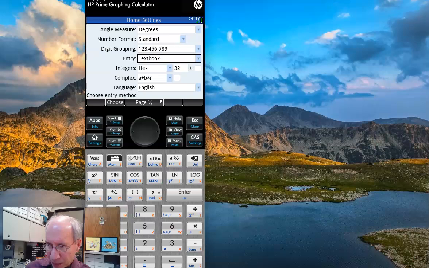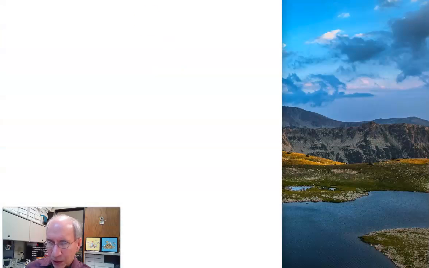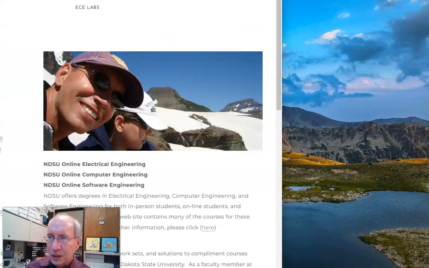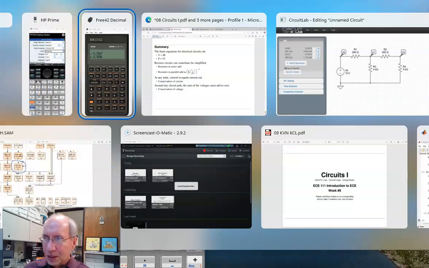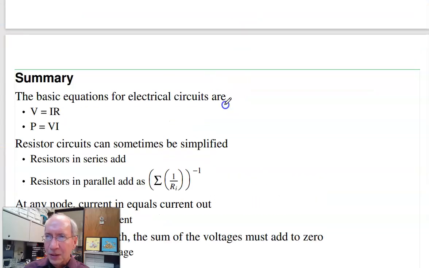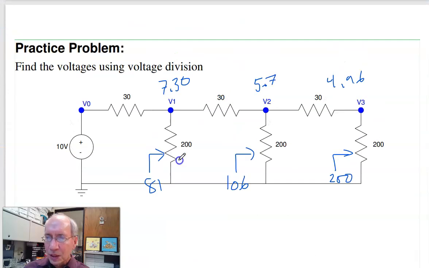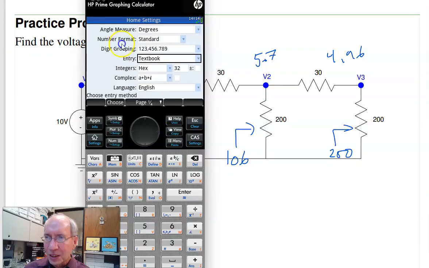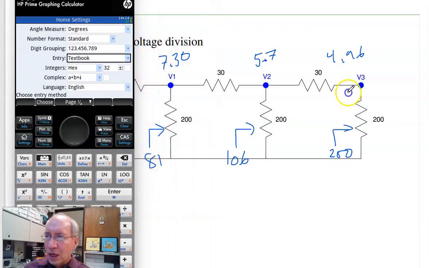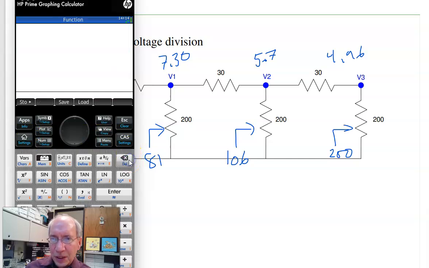Let's go back to that problem. I can say these resistors together are, oops, settings, home, there we go. Let's take 230. Here's the inverse button.